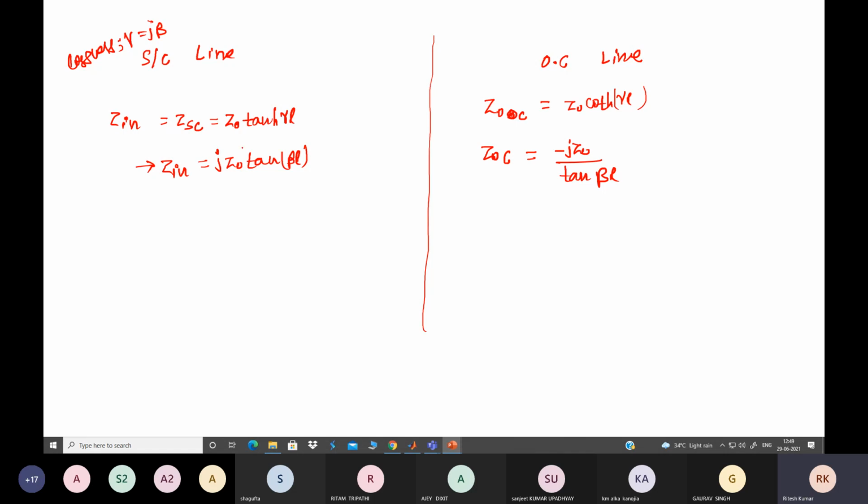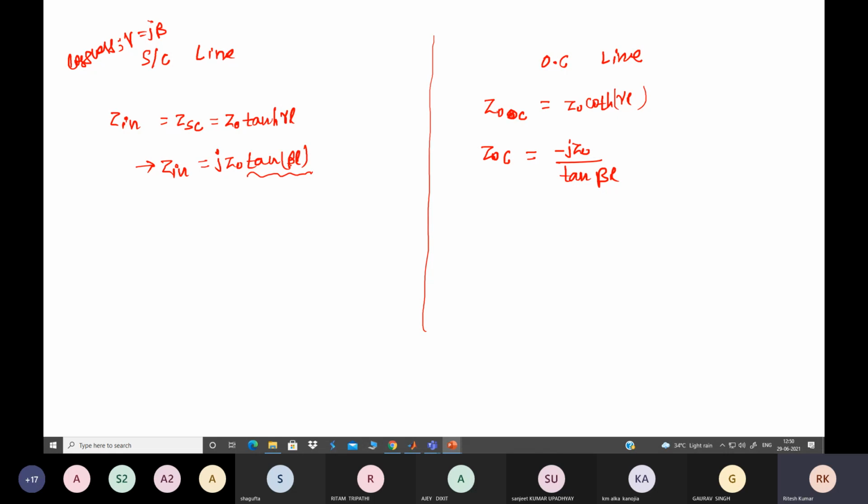And also we have to take care of the polarity of tan beta L. Tan may have a positive or negative value depending upon the value of beta L. Beta L is what? Electrical path length.